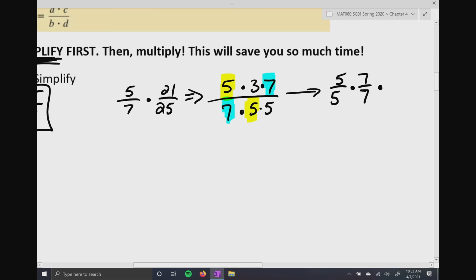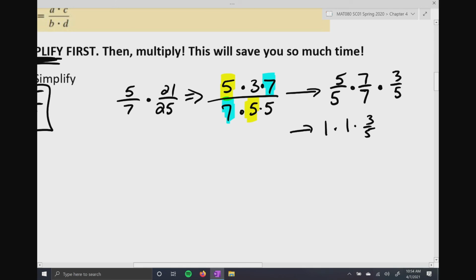Now, the very last fraction is the ones that are not highlighted. What do we know about 5 over 5? 1. And what do we know about 7 over 7? 1.